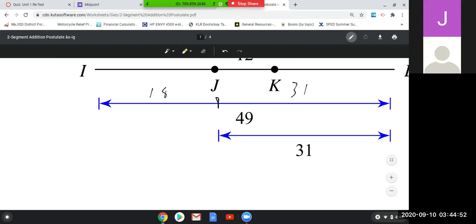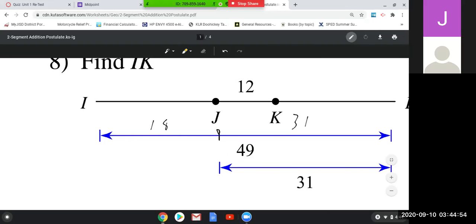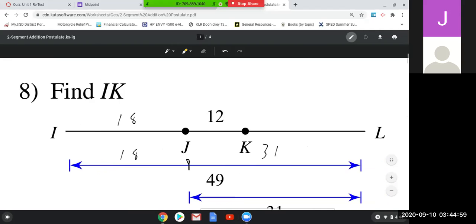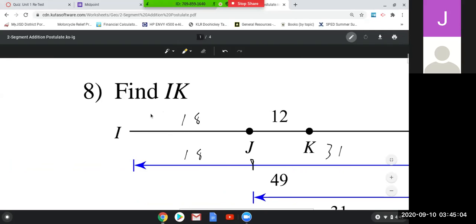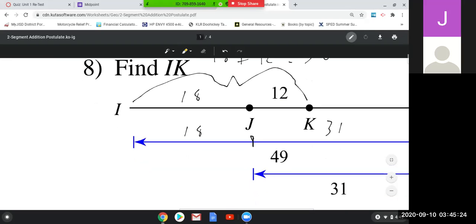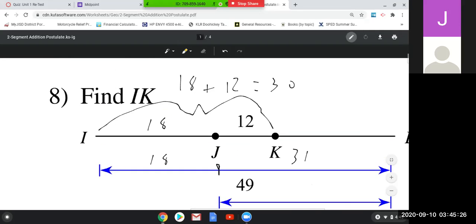And 18 plus 31 is 49. So I know this is 18. I never had to calculate this distance right here. It's irrelevant, because all I'm solving for is this length from I to K. So that's going to be the 18 plus 12, which just happens to equal 30. So IK is 30 units.